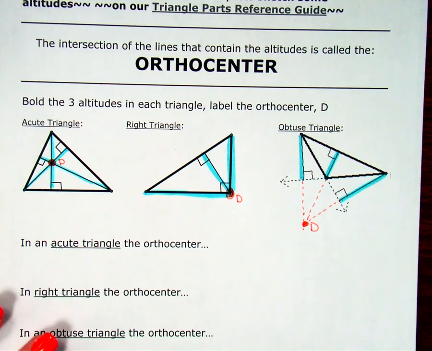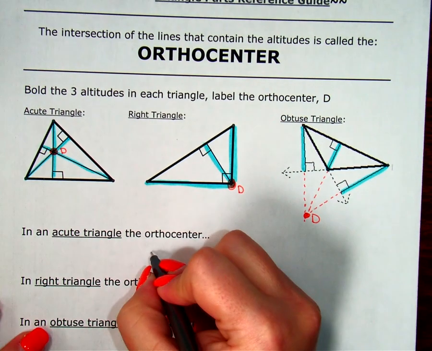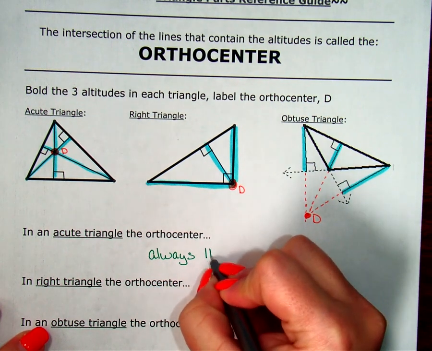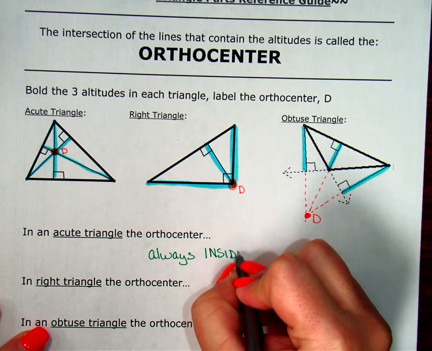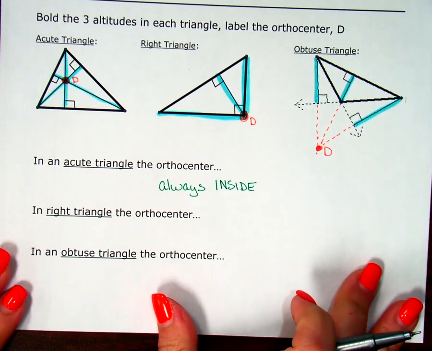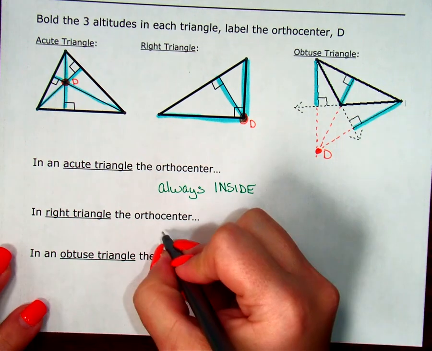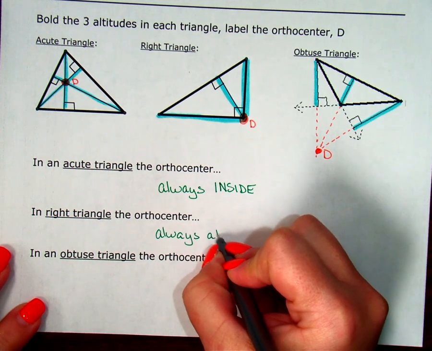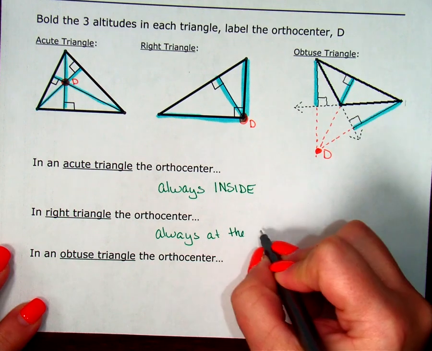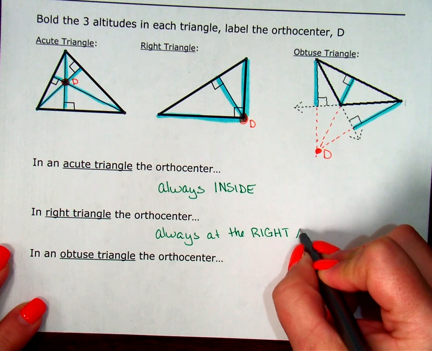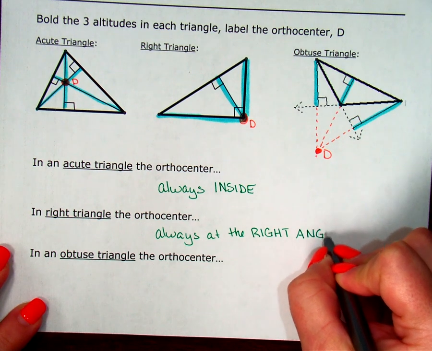So just as a reminder, in an acute triangle, the orthocenter is always inside your triangle. In a right triangle, your orthocenter will always be at the right angle.